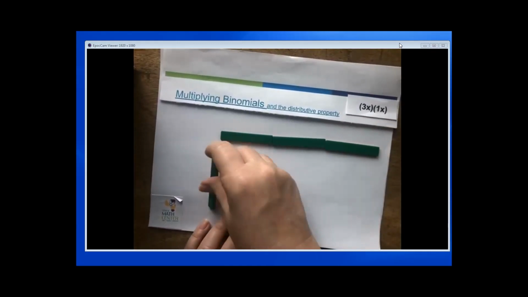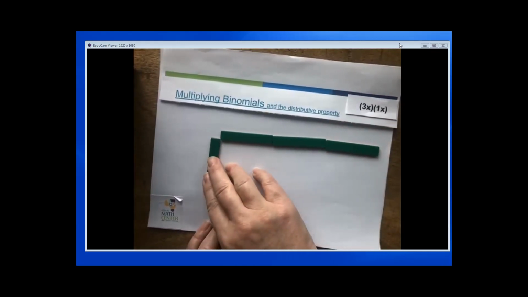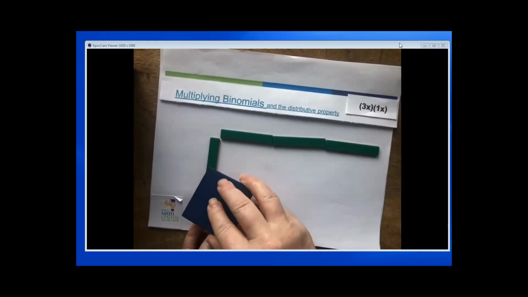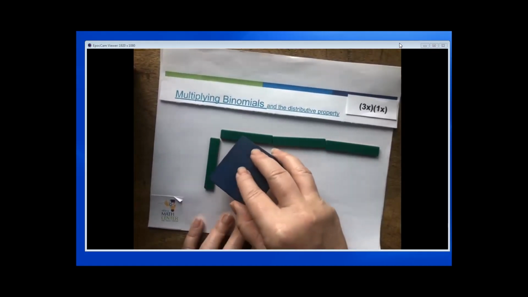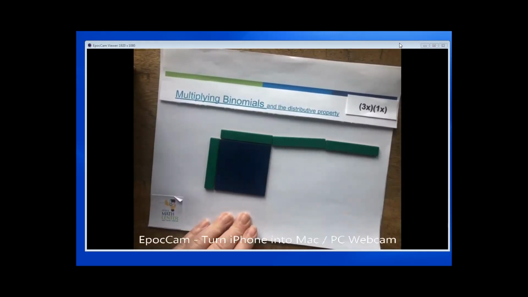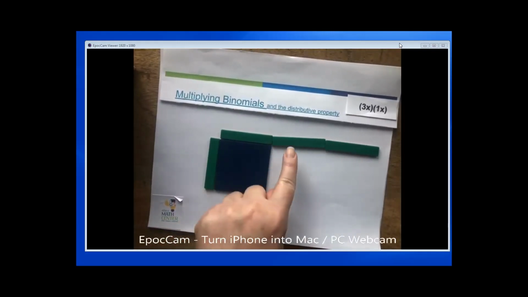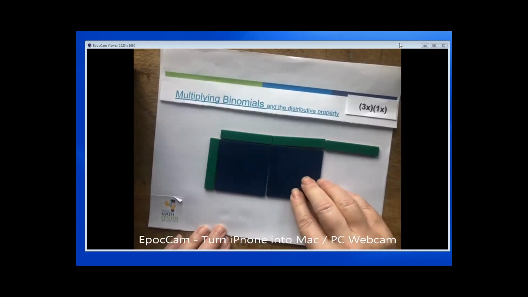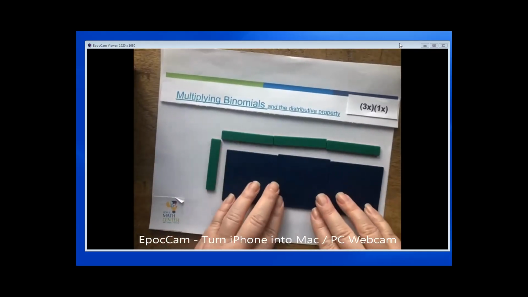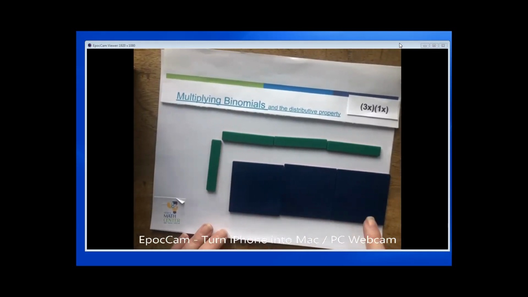So you're building it as an array. Yep. Okay, an area model. So now I can multiply 1x times 1x, and I get a positive x squared. X times x, x squared. So my answer comes right here, 3x squared.